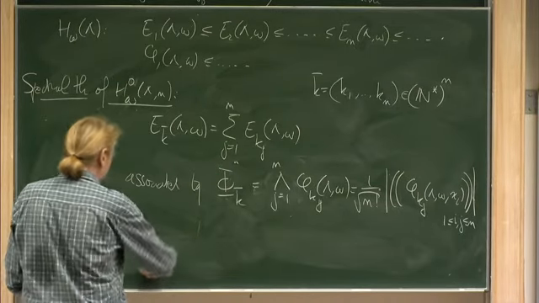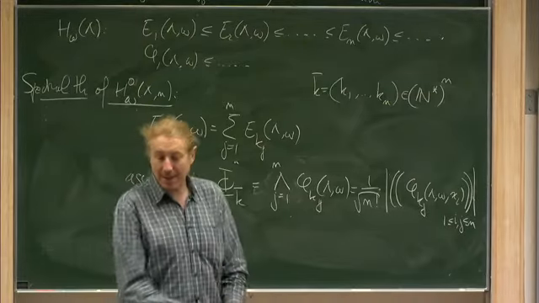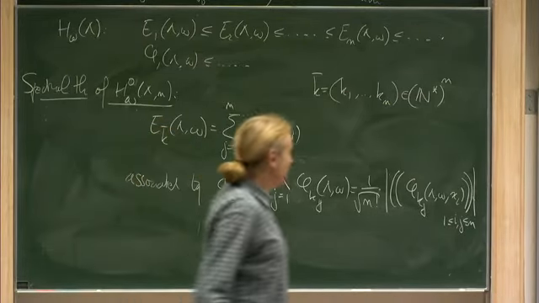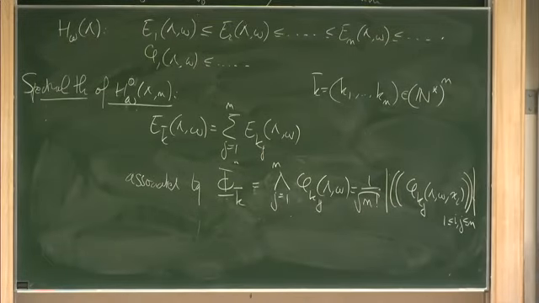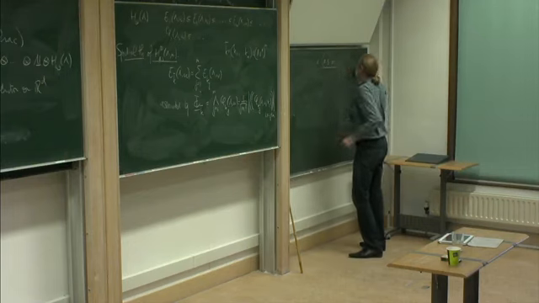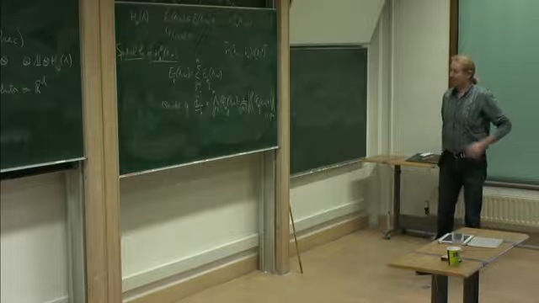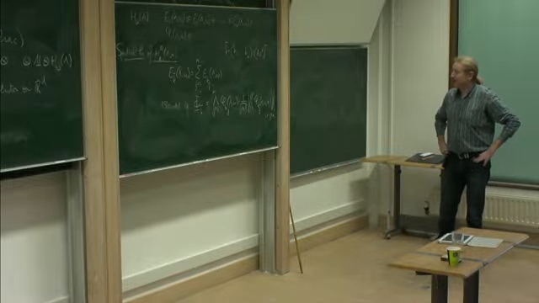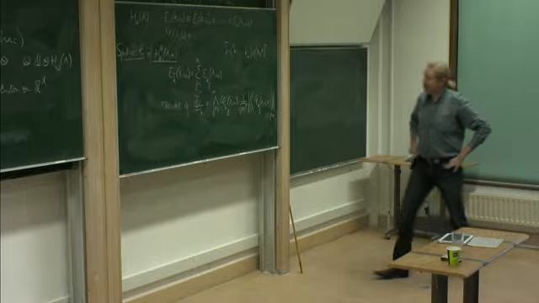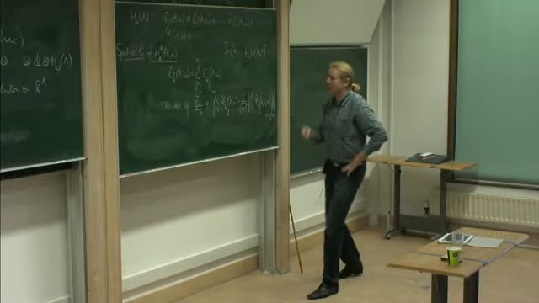So we know exactly not only what the ground state is, but also what all the eigenvalues and all the eigenvectors are. But of course, these are rather complicated objects, as we're going to see in a second.